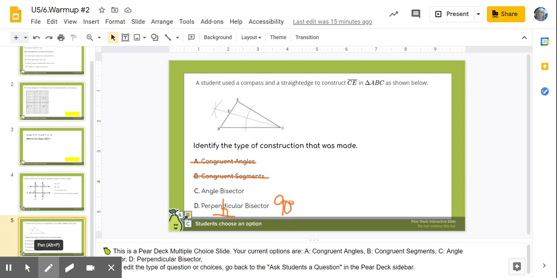Do I have any 90-degree angles? No 90-degree angles there, guys. 90-degree angles are marked with that box. If it's not marked, then you don't have it. This is an angle bisector. We have drawn in all of these marks with our compass. And what we have is ACE is congruent to BCE. Those two angles are the same, an angle bisector. Okay?